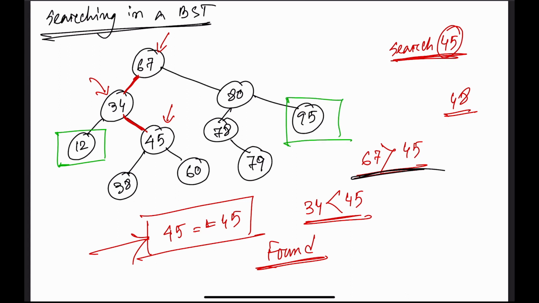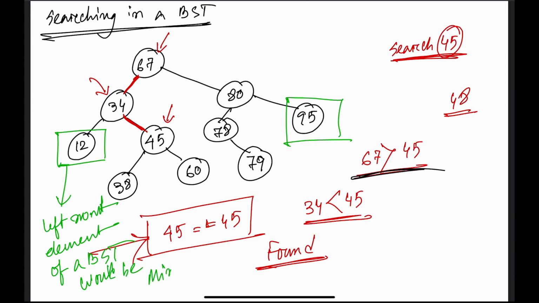You need to understand one thing, the leftmost element of a BST would be the minimum one, and the rightmost would be the max. This is a simple method, we will do the coding part later. Okay, I'm just giving some examples.